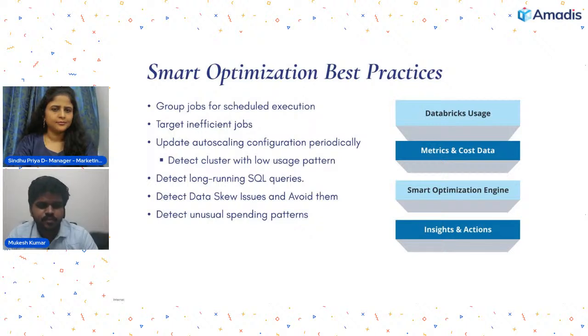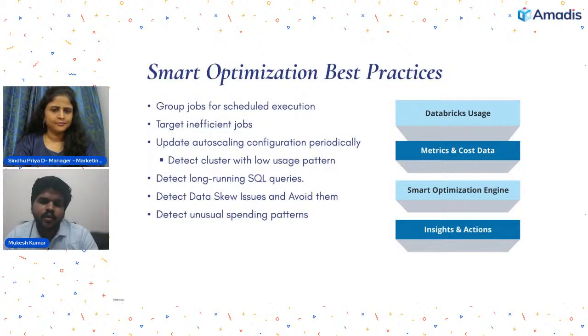Okay, so the third optimization is very important, which is updating auto scaling configuration periodically. In one case this year, in auto scaling cluster optimization, at the start of January we had to configure a cluster for 8 to 16 node size.